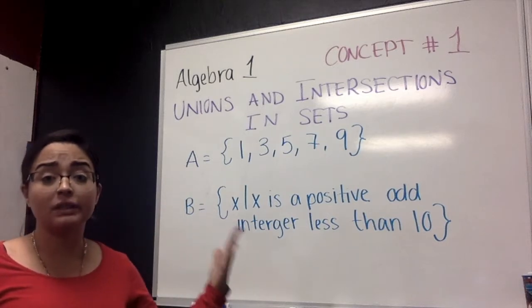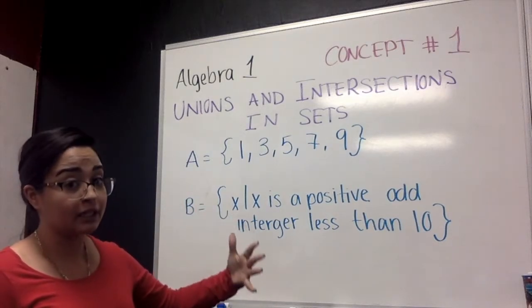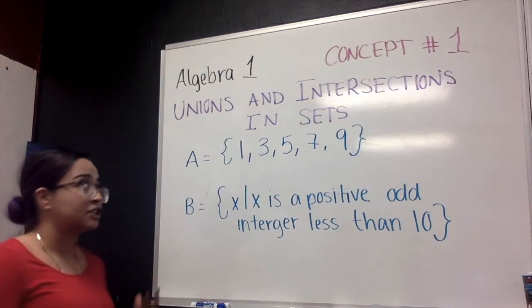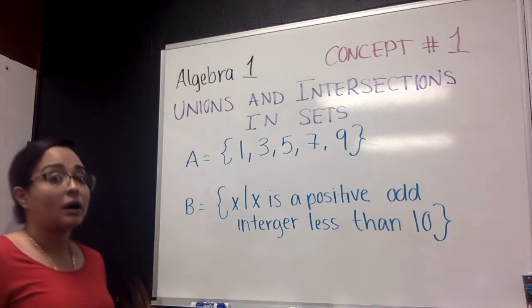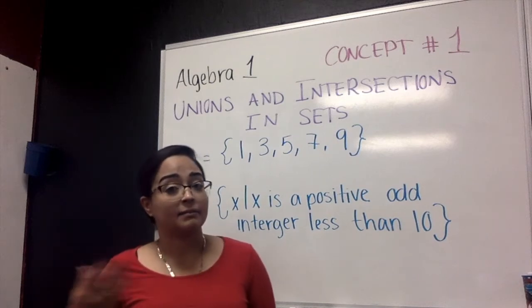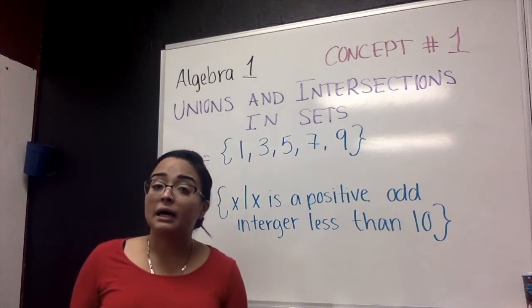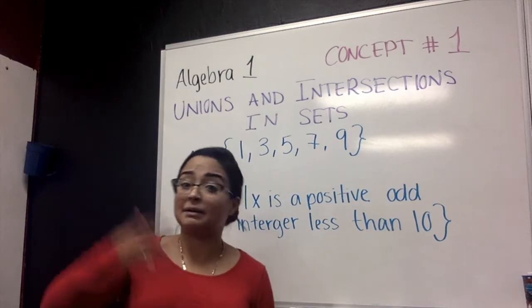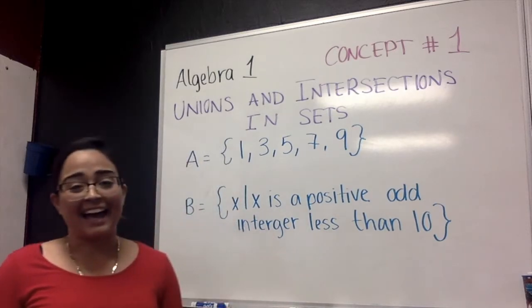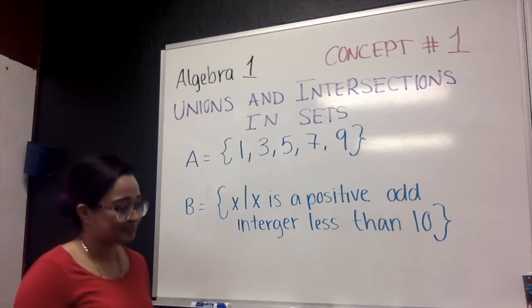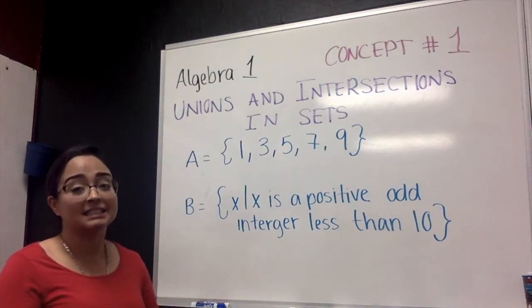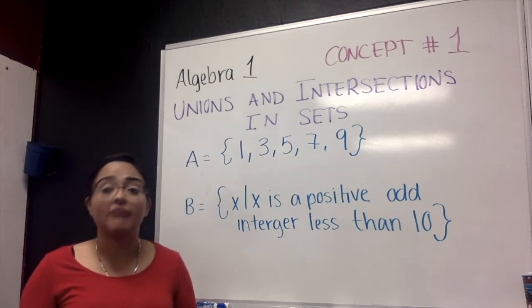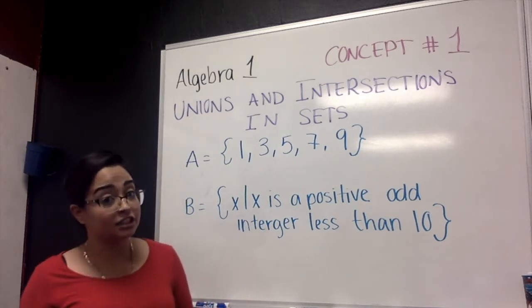Now we are continuing with concept number 1, and in concept number 1, we're still talking about unions and intersections in sets. I've been using the example of what I have in my left pocket and my right pocket, so it can help us learn how to identify when we have a union and when we have an intersection.